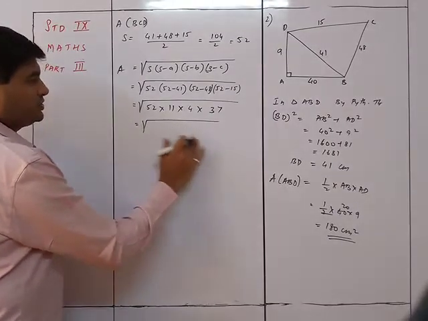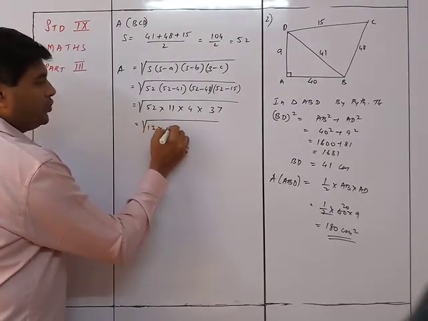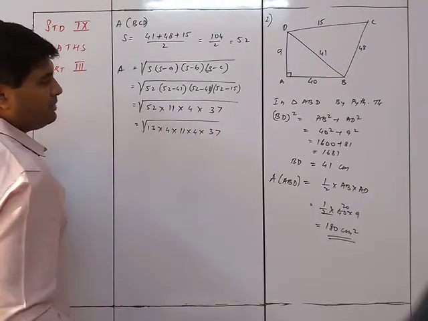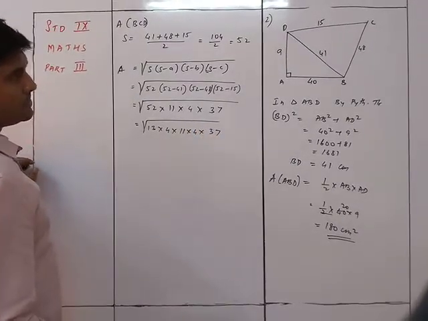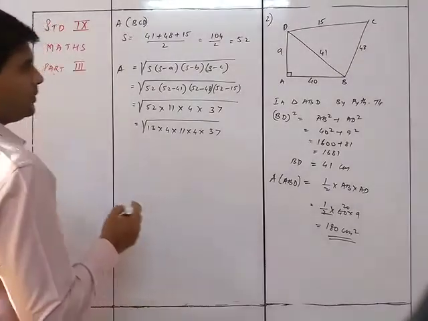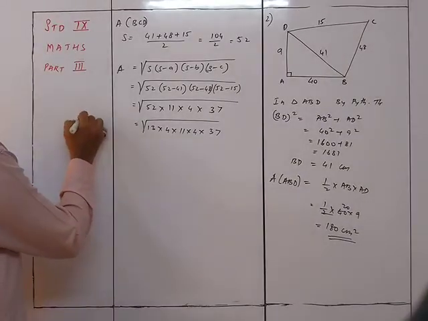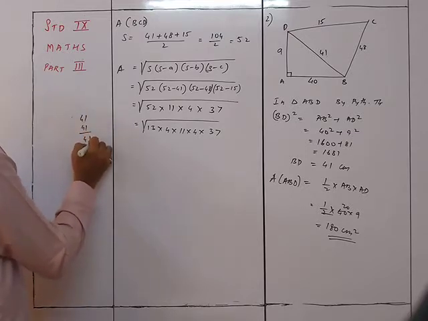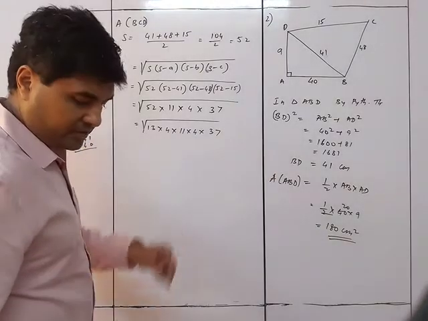So it's 13 into 4 into 11 into 4 into 37, and 37 is a prime number. One second, let me check this one also. 41 into 41, 1681. Yes, 41 is correct.